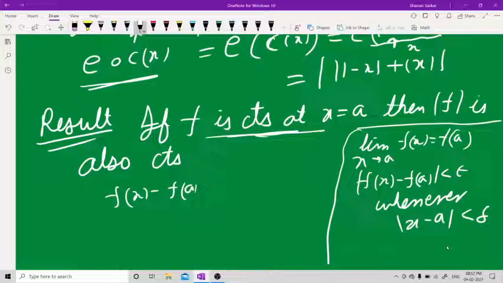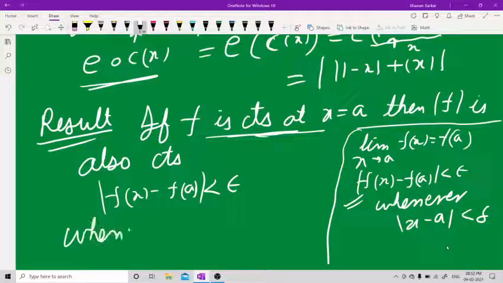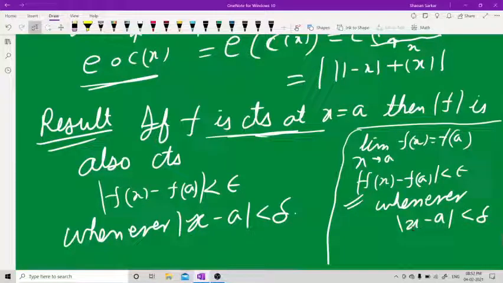So f(x) is continuous at a, no problem. That is the idea basically.